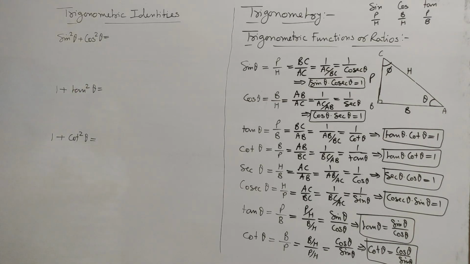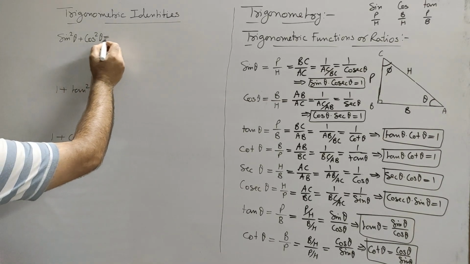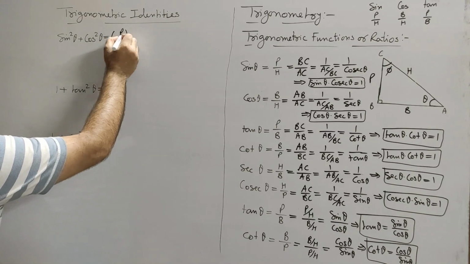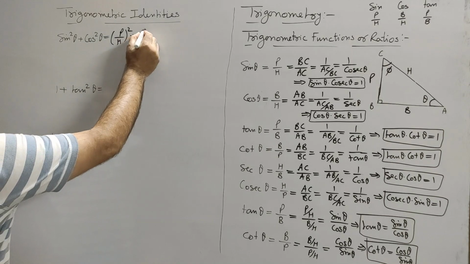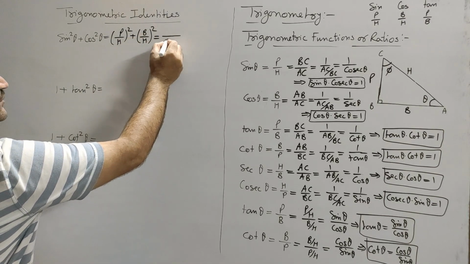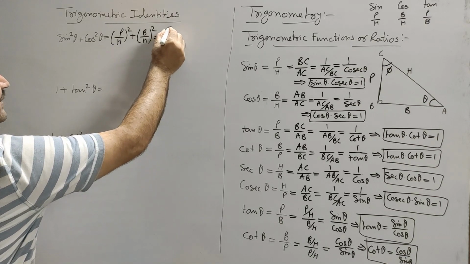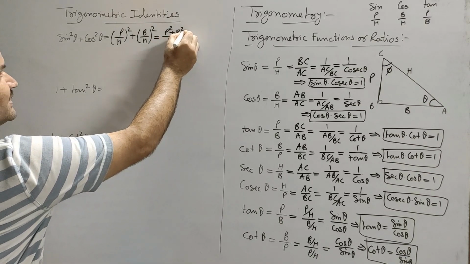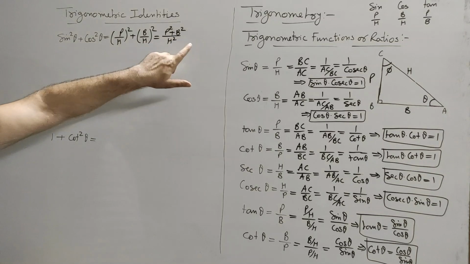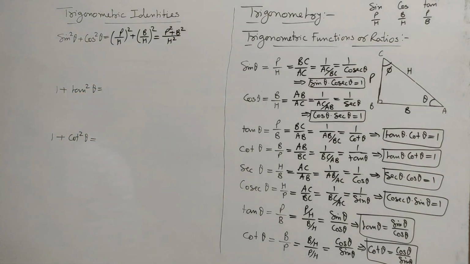Here, sin square theta plus cos square theta. We know sin square theta is perpendicular upon hypotenuse whole square, and cos square theta is base upon hypotenuse whole square. So hypotenuse square will be the LCM and we get perpendicular square plus base square as the numerator, and we know that perpendicular square plus base square is hypotenuse square by Pythagoras theorem.